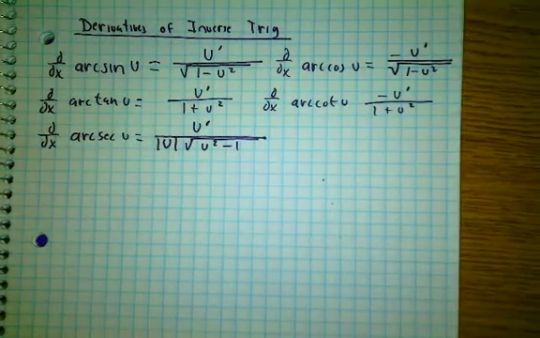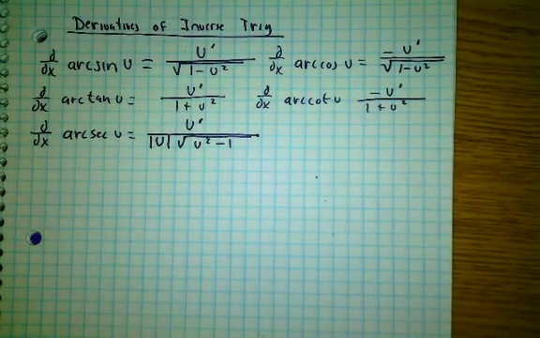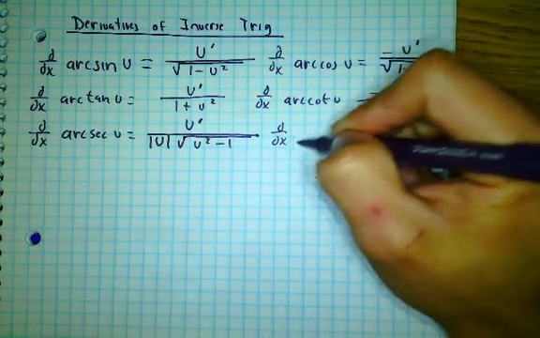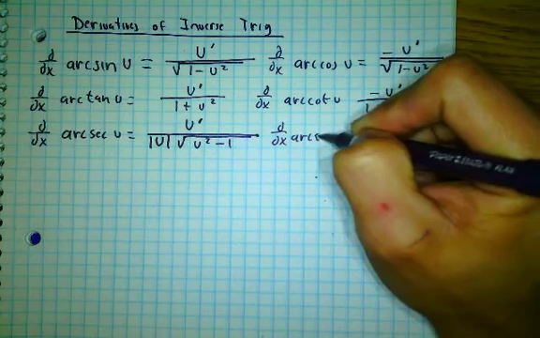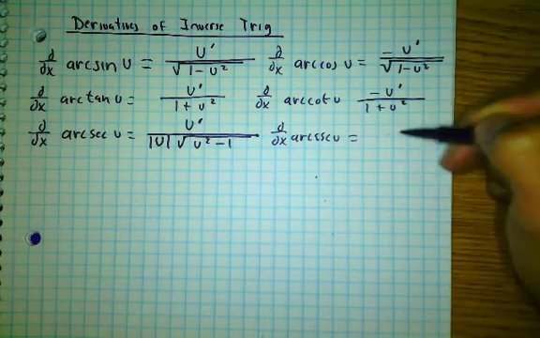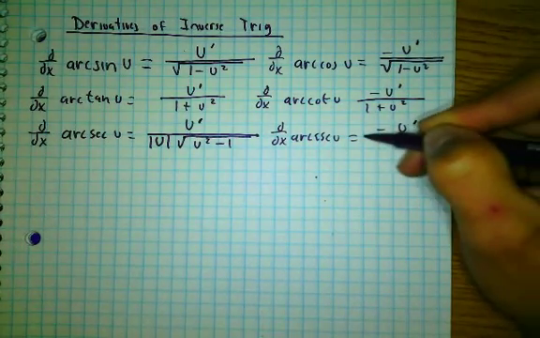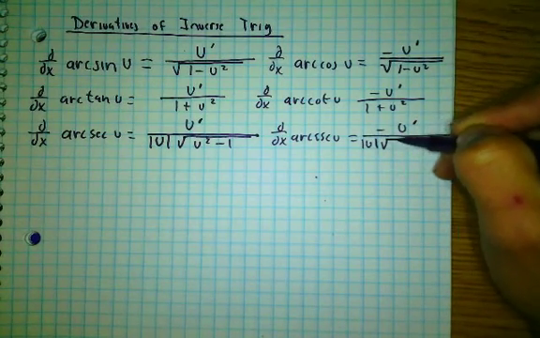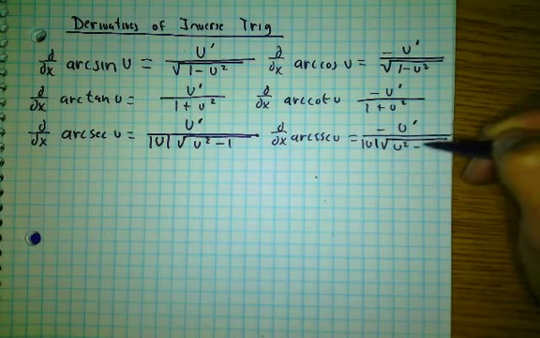The arccosecant is the same thing but negative. Yeah, that would not be fun. And that's the 6 rules you're going to have to memorize. But honestly, if you can memorize these 3, then you know the other 3 just by negating them.